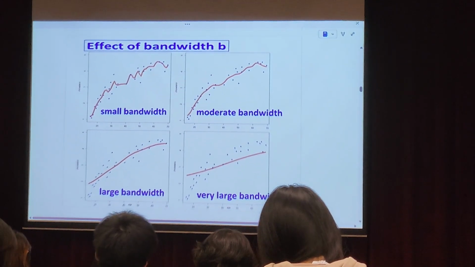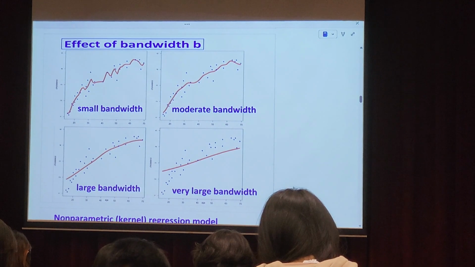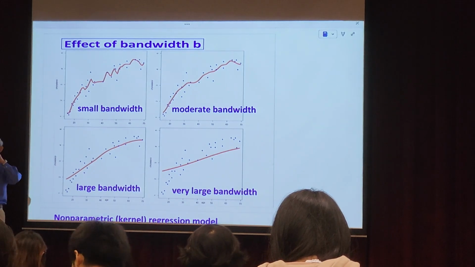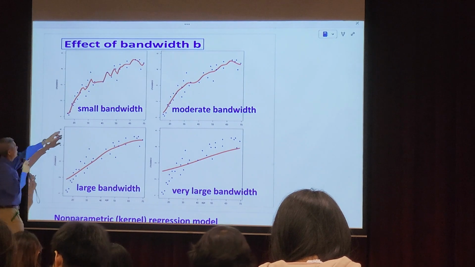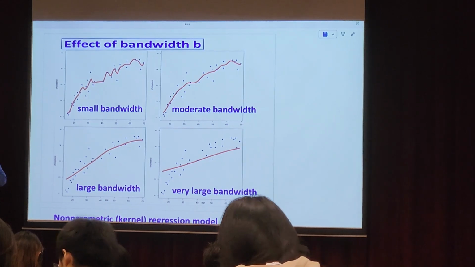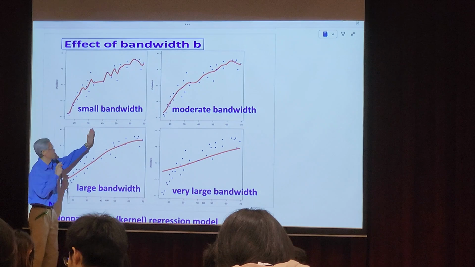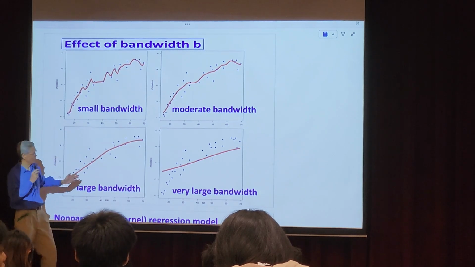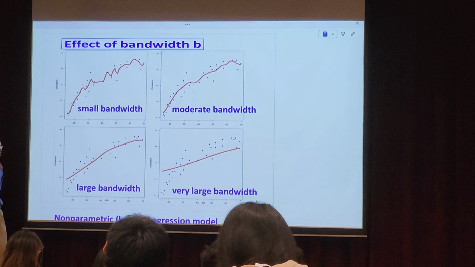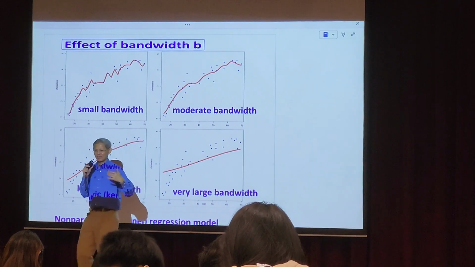Well, you might already realize by now, the bandwidth has a big effect on the non-parametric model. If you choose a small bandwidth, you can see that the filter value will keep on changing very sharply as you move along. But if you choose a very large bandwidth, suppose minus 1 million to 1 million, then you will get a horizontal line because all the points are always calculated.